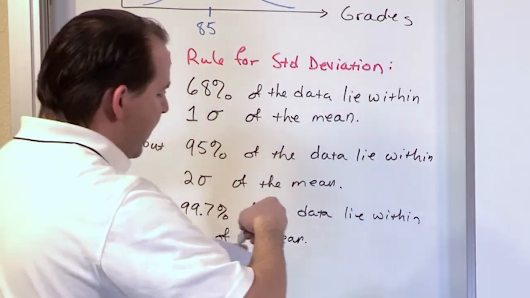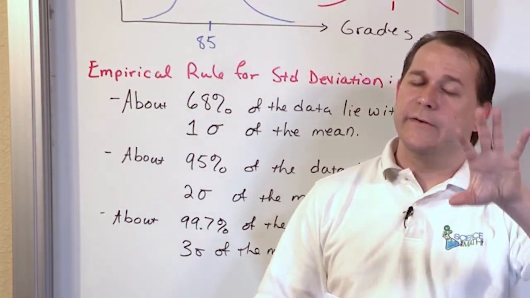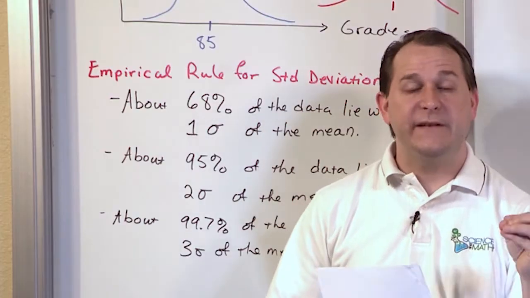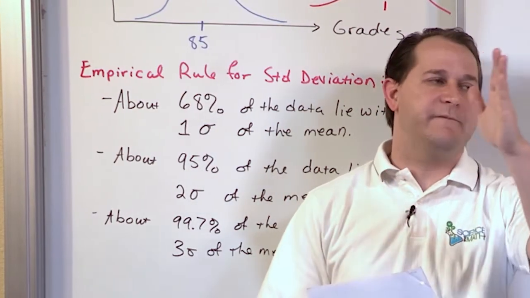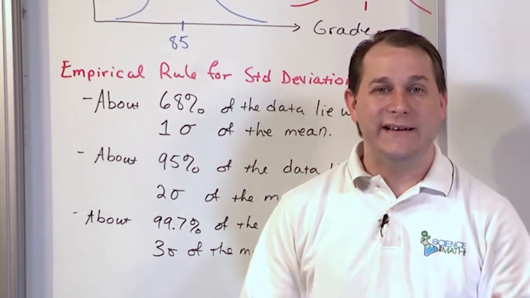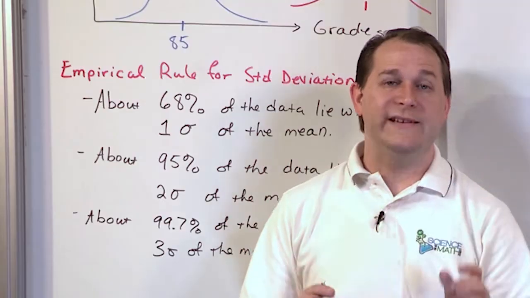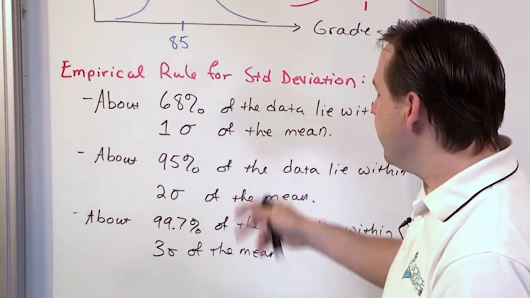So again, if the average value on my exam is 50 and my standard deviation is 5, then 3 sigma would be 15. 3 times 5 is 15. 15 points on the plus side of my mean to 15 points on the minus side. 99.7% of my students are going to score within 3 sigma of the mean. So that is really all that these empirical rules are saying.